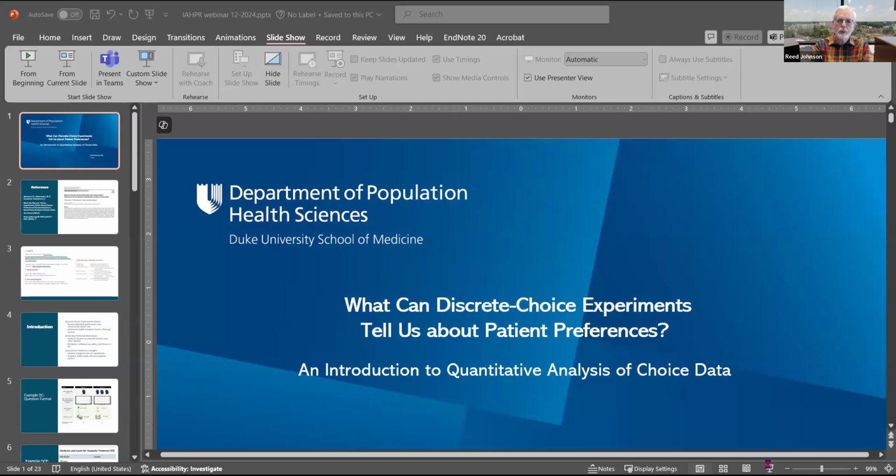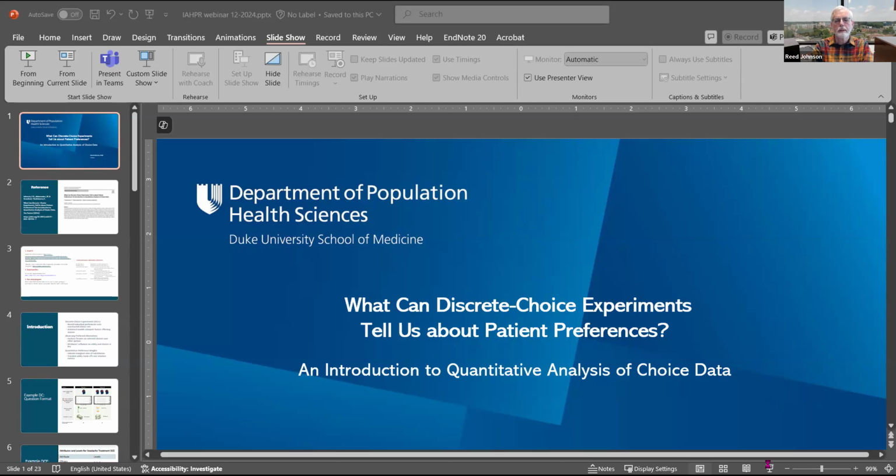So this approach is a way to simulate choices using constructed choice sets. And then the particular pattern of choices that we observe can be analyzed with statistical models to evaluate the relative importance of the various features that were shown in the choice sets.